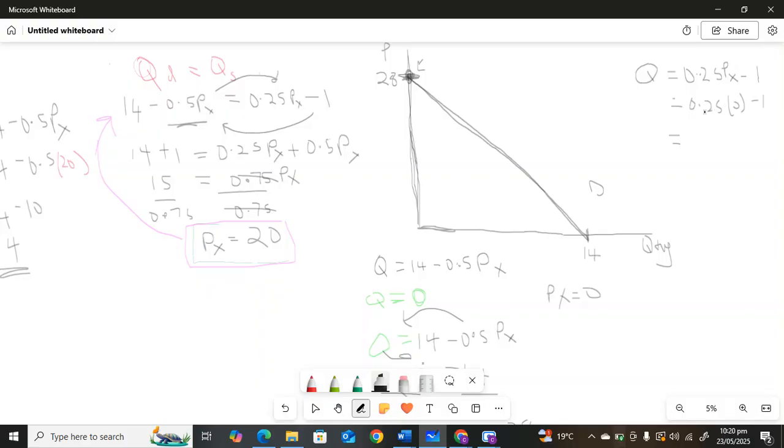So 0.25 times 0 is 0, and 0 minus 1 is negative 1. So here our Q function is starting from negative 1. Px is 0 along the x-axis, so the first point will be here, point 1.